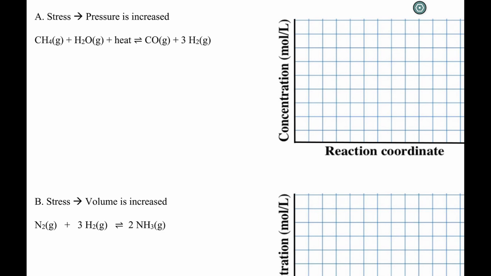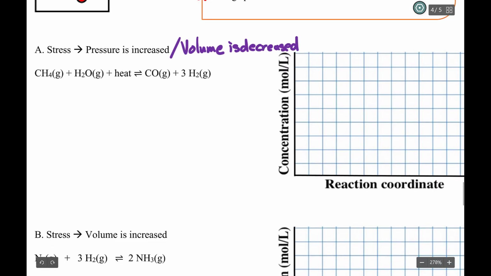What I immediately do is write what happened to the volume, which is the exact opposite of what the pressure did. So if the pressure is increased, then I automatically know that the volume is decreased. And I will write that in immediately. So pressure goes up, volume goes down.